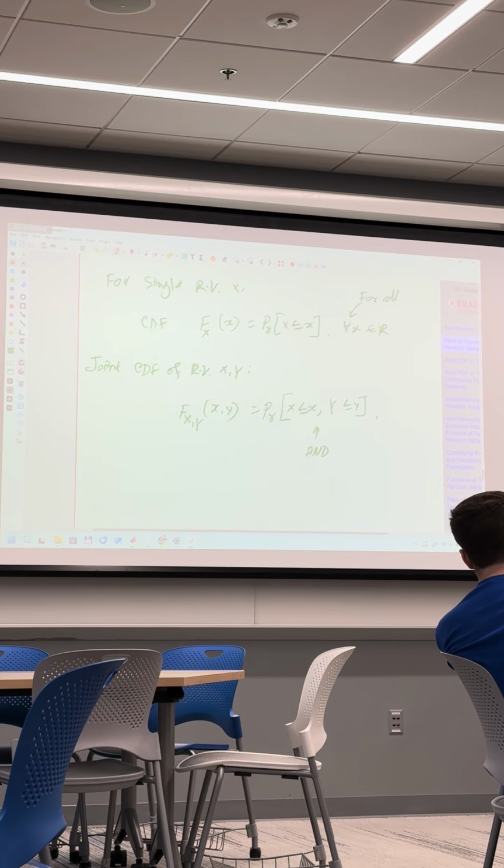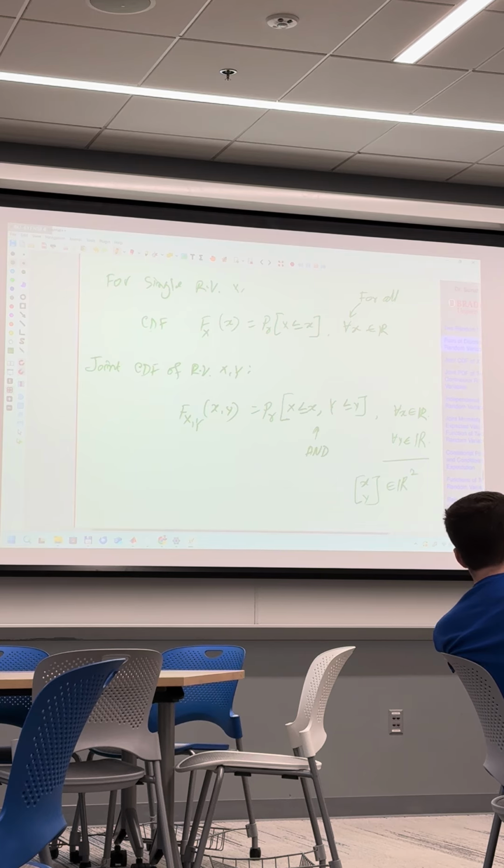There are several ways you can write this. For all x taking values from the entire real line, for all y taking values from the entire real line. In other words, you write it as (x, y) in the form of a vector. You see the notation here?